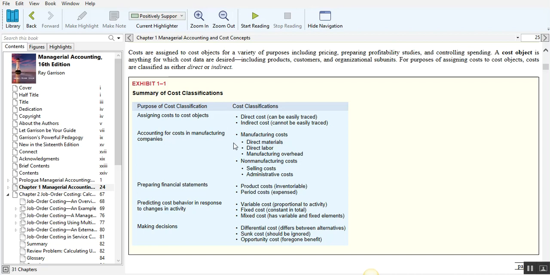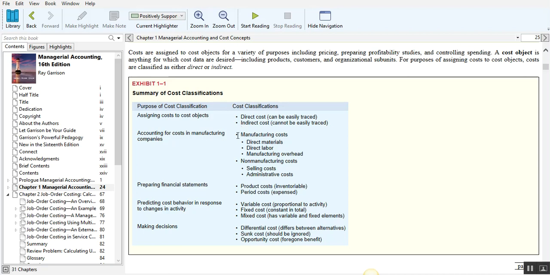This is a very good layout of basic cost classifications that we're looking at. And basically, when we're assigning cost to cost objects, that could be a good or a service, could be something we're making, or it could be something we are providing, a service of some kind. We're going to have direct costs and we're going to have indirect costs.